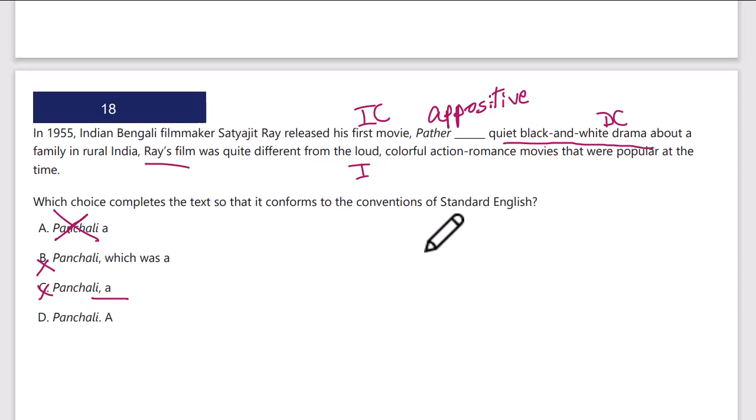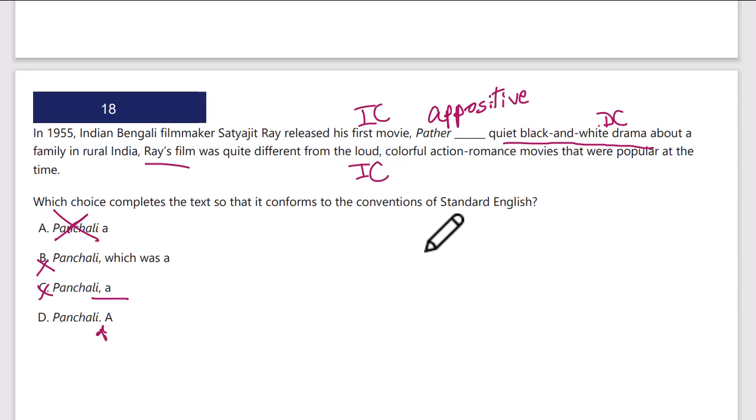Let's try that. So we have an independent clause: Indian filmmaker released his first movie, Pather Panchali, and then a new sentence. So that would be independent clause. This is going to be probably our dependent clause, independent clause setup. So new sentence: a quiet black and white drama about a rural family in India, dependent clause up front.